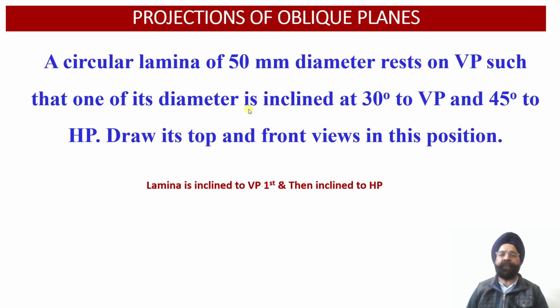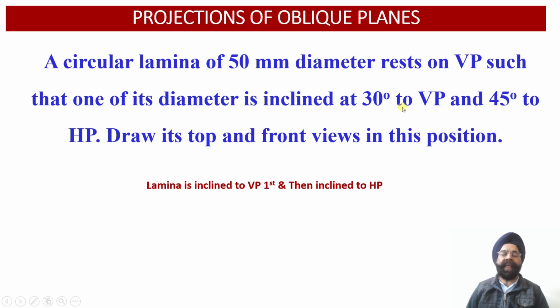That is, angle alpha is to be found using the principles of rotation of the line. So this inclination of angle theta equal to 45 degree has to be converted to the orientation of this reduced apparent length of the diameter, which will be inclined with respect to VP at an angle of 30 degree.